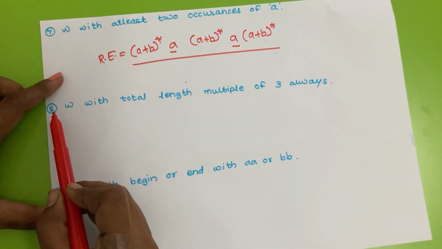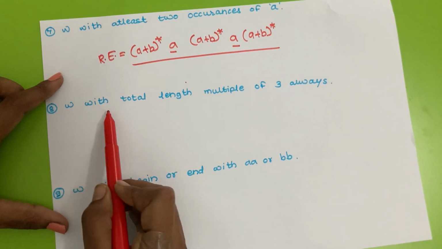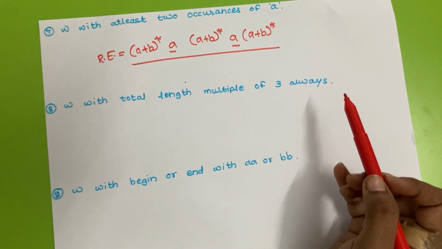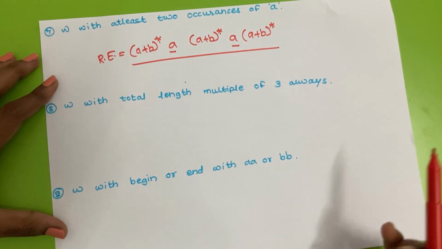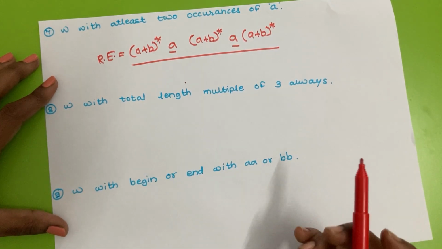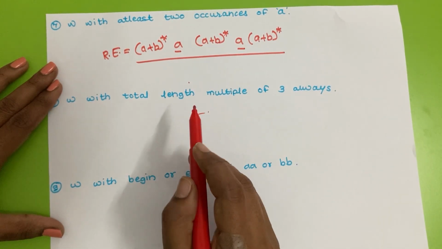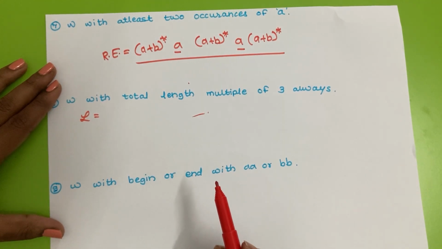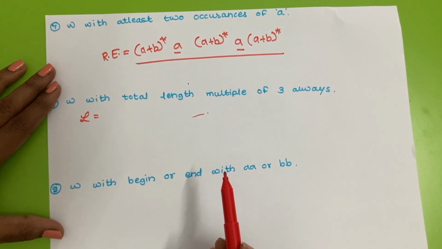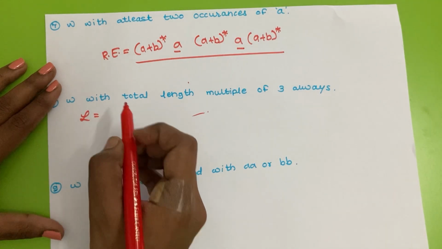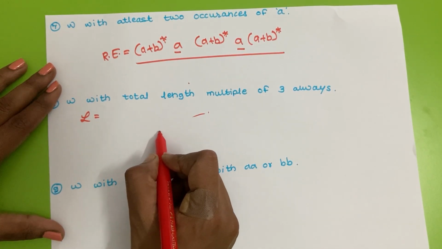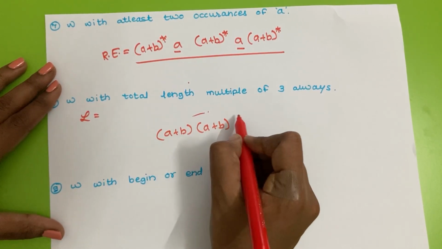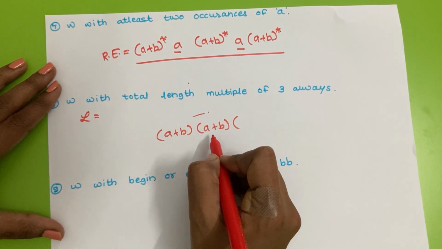Now the next example is W with total length multiple of 3 always. This is quite similar to the odd length example. So I want the strings of length multiple of 3, made up of A and B. If multiple of 2, then I can write this bracket 2 times.